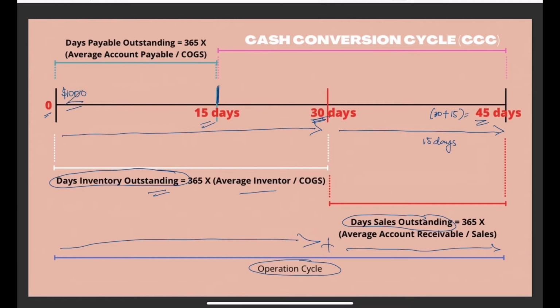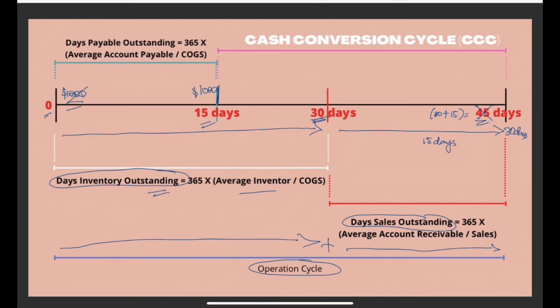So instead of paying 1,000 on day 0, we pay them 1,000 on the 15th day. That means we are decreasing the length of time that our money is tied up in the business. Instead of 45 days, the money is only tied up for 30 days. That's what we call the cash conversion cycle.